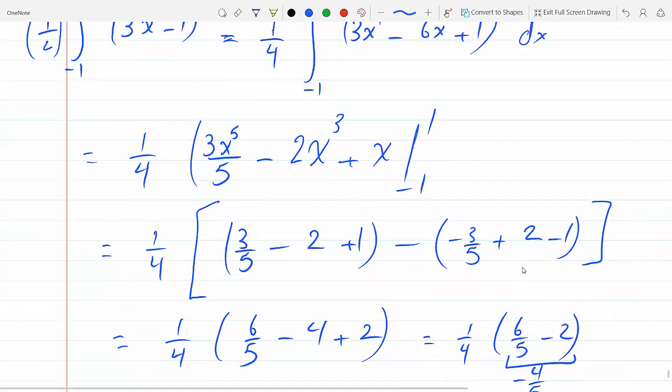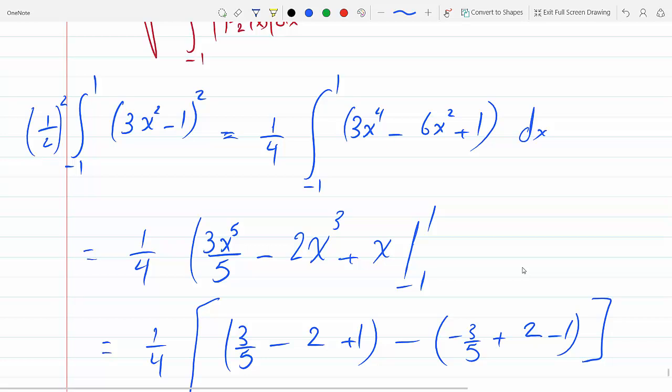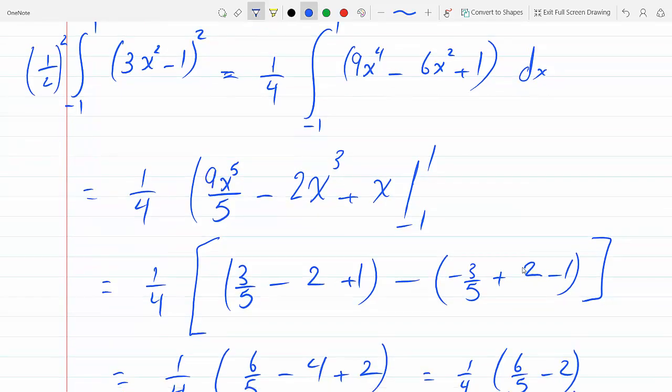Let's see. Oops, yeah, this is 9 because we squared it. 9, that puts a 9 here, which makes this a 9.